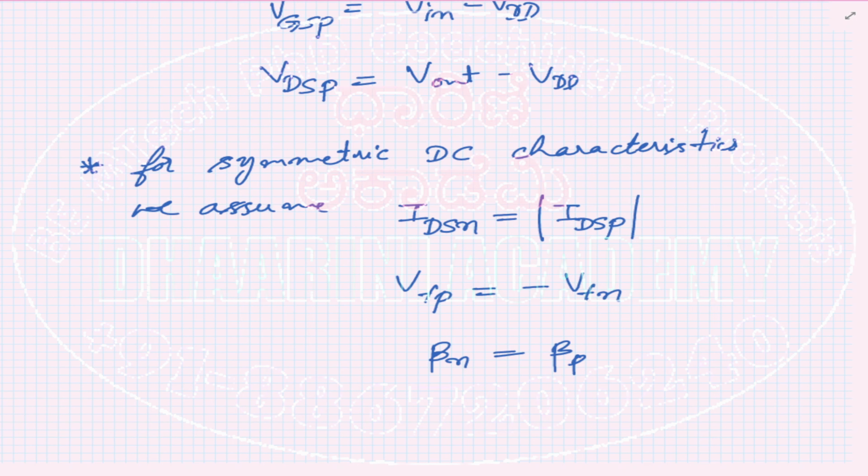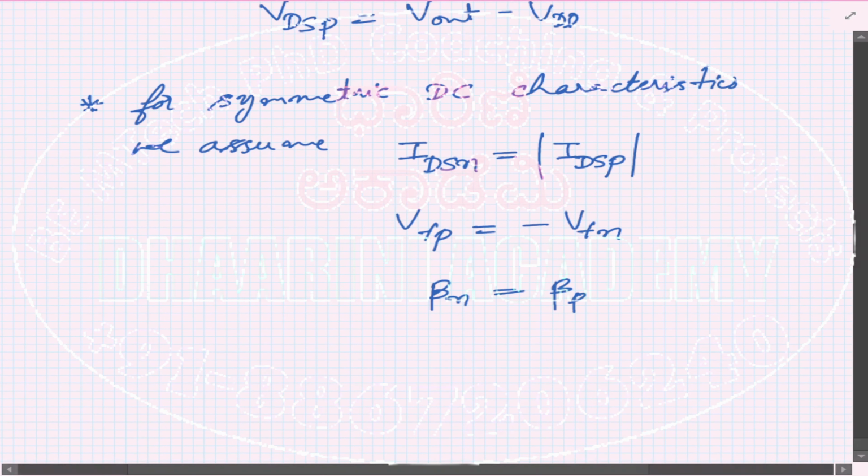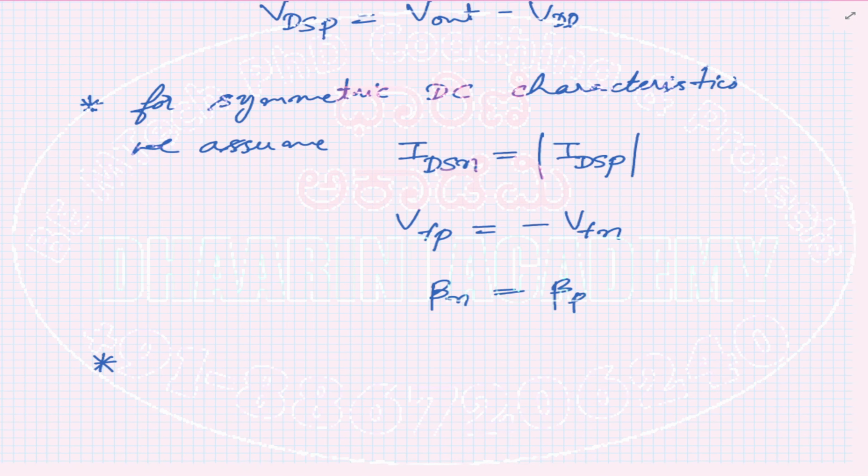All right, let's move on. Now, let's directly write the voltage transfer characteristics first, then we'll try to differentiate the different regions. Under the above conditions, the DC transfer characteristics are as follows.